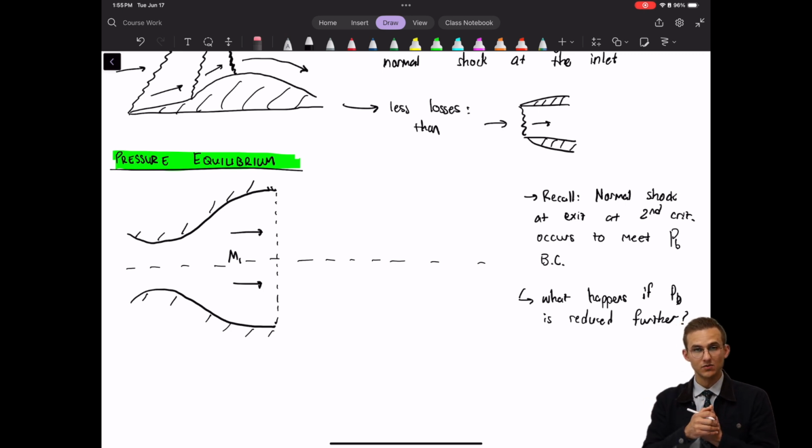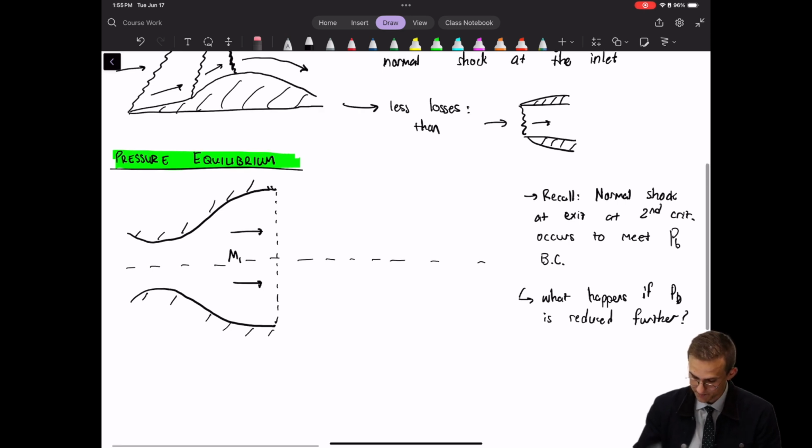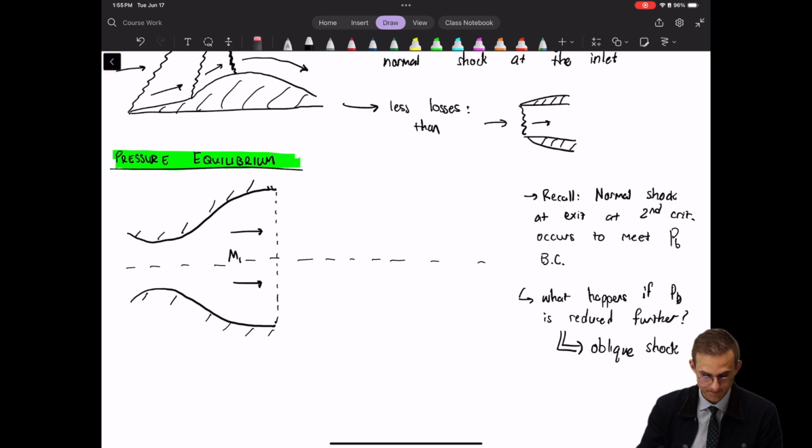So at the third critical, remember there's no shocks. It's isentropic flow throughout all the way to the exit and through the exit. And so what happens in that case is you get oblique shocks because you don't need as strong of a pressure drop as you would get with a normal shock. But you still need an extra pressure drop to meet that boundary condition, right?